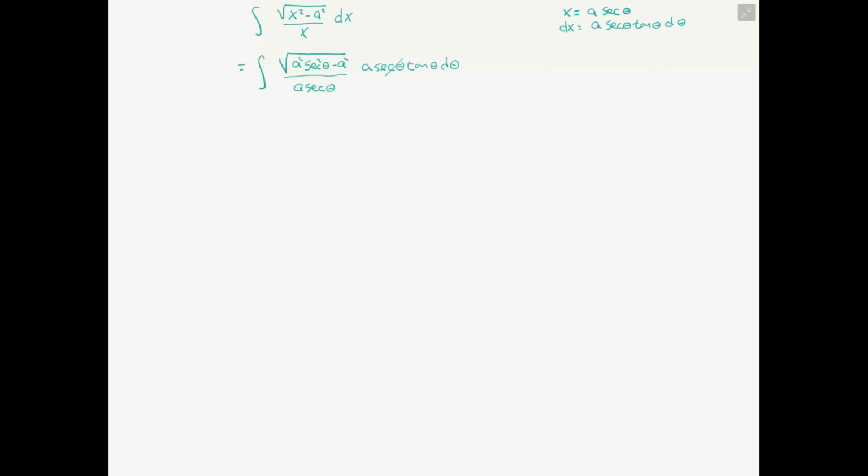Recognizing that in the square root, we have a squared tangent squared theta, and that's a square root, so we can pull that out. Plus we have the secant theta in the denominator and in the numerator that cancel. So we end up with an integrand of tan squared theta d theta.